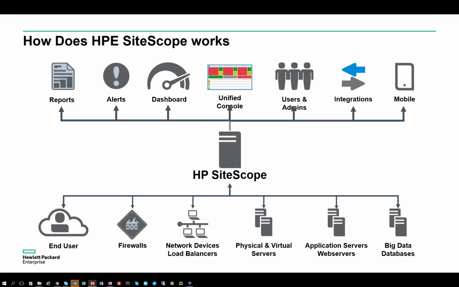It can be consumed in terms of reports, alerts on dashboards, and in the unified console, which can provide you a hierarchical view of your monitored devices and the metrics. You can configure your users and administrators, you can provide integrations, and you can also display it on mobile devices.